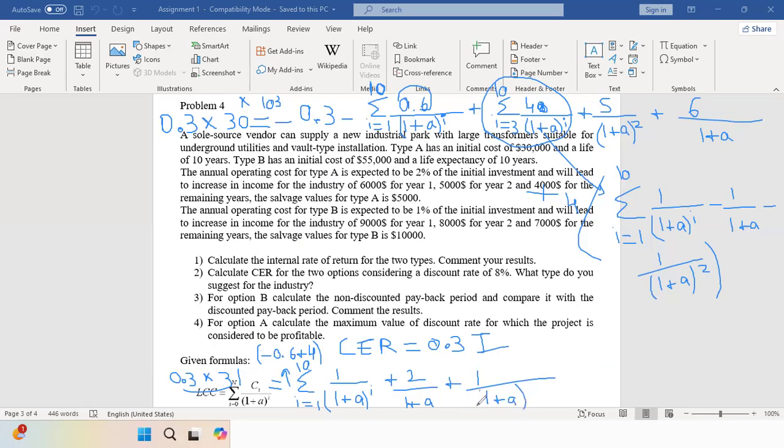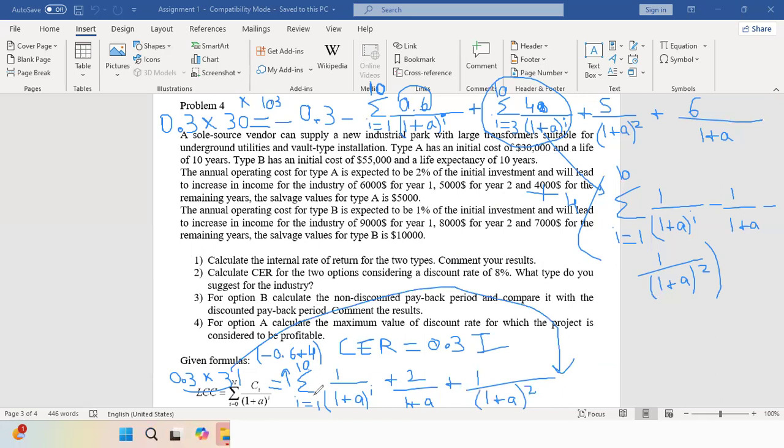And now you can put this equation on your calculator and press shift solve. You take this term to the other side to have it equal to 0, write your equation as a function of A, and press shift solve.